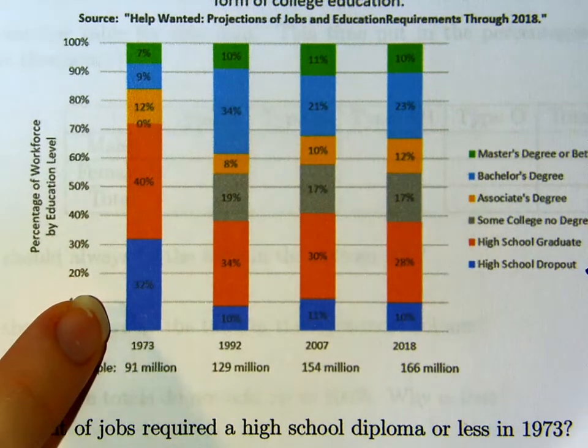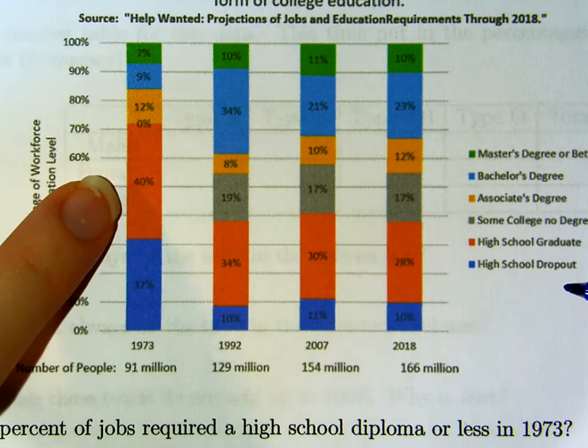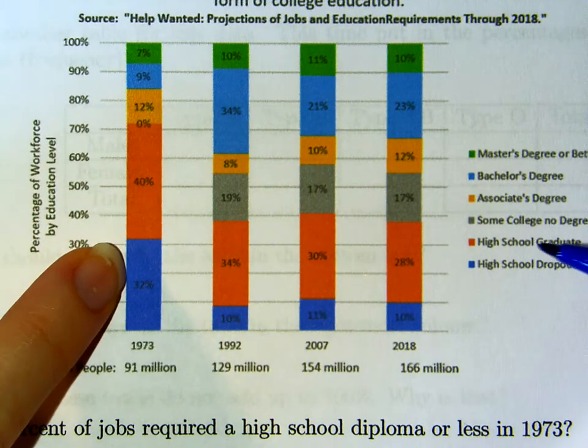And then this blue category at the bottom is high school dropout, so maybe they pursued different interests. But nonetheless, this would be high school diploma or less.